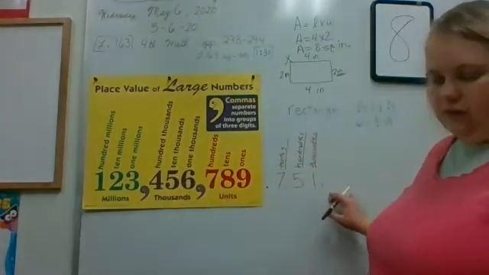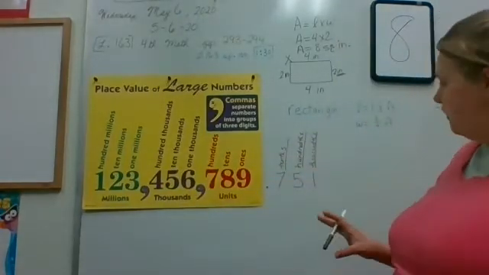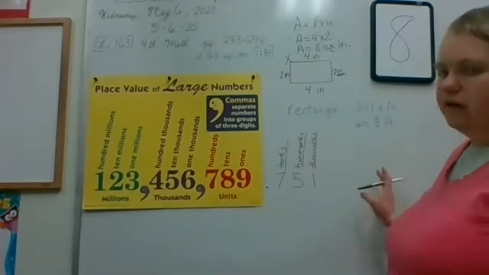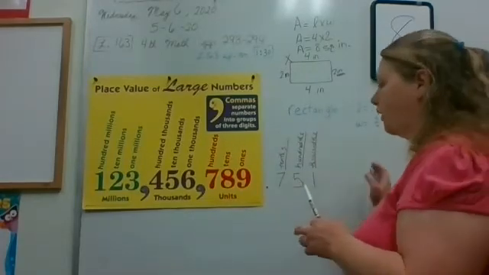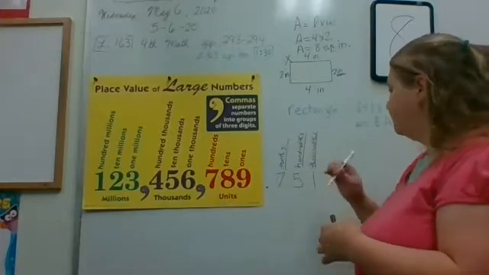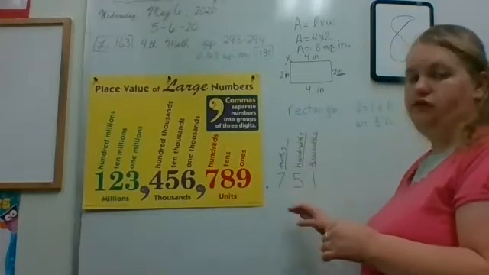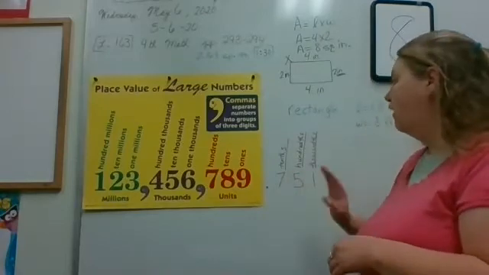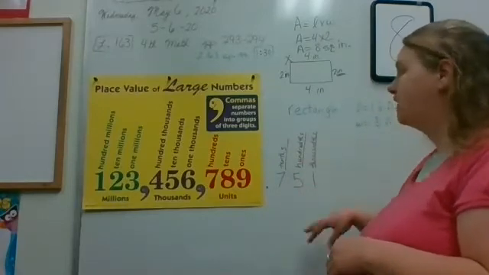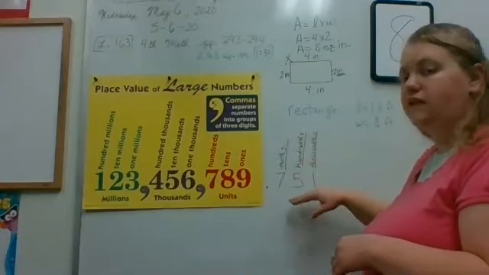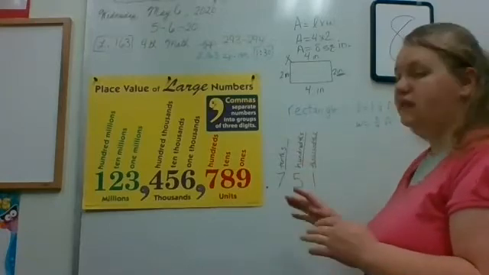We're not going any farther than that, so I won't worry about showing you what those are, but these three are the important ones right now, the tenths, hundredths, and thousandths place, because these are the ones that we're dealing with.